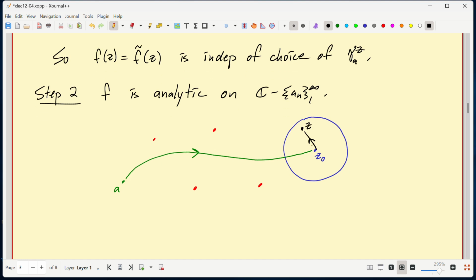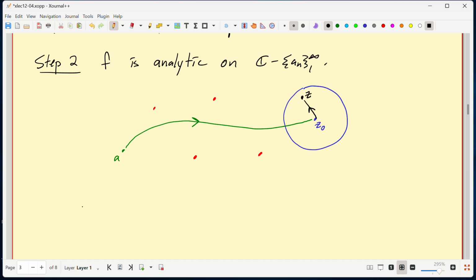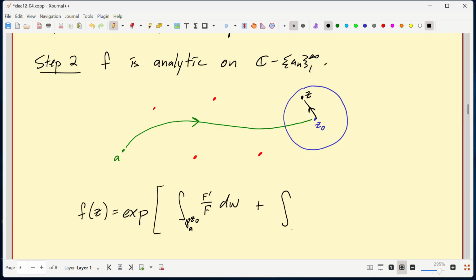Then, of course, I can write f of z is the exponential of, first I would integrate from A to z naught. That's a constant. Plus the integral of the line that starts at z naught and goes to z of f prime over f.